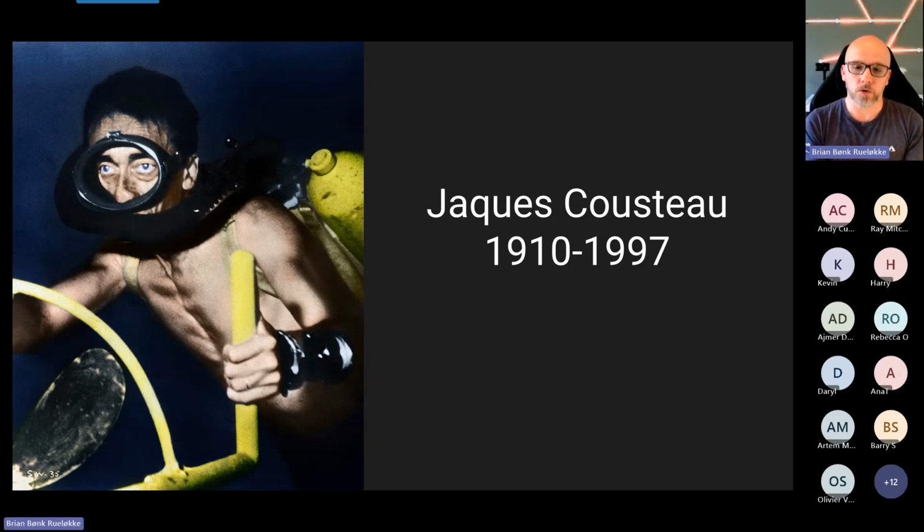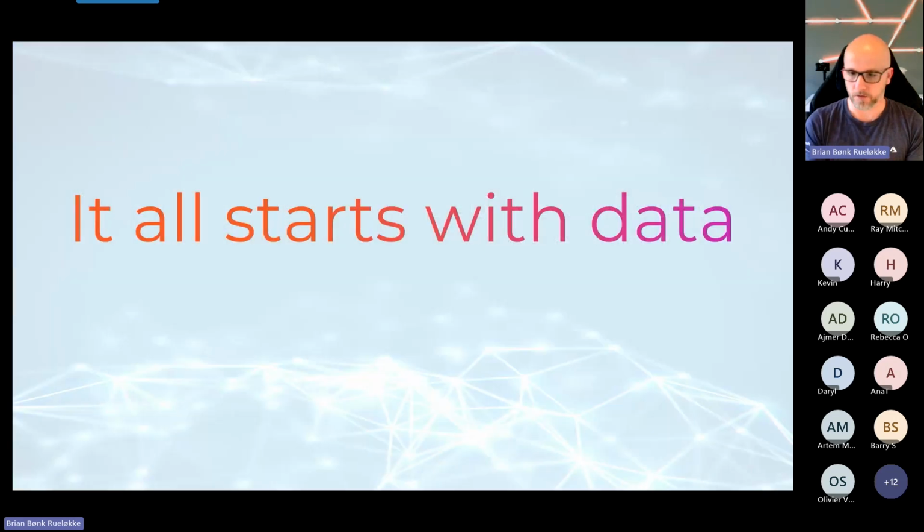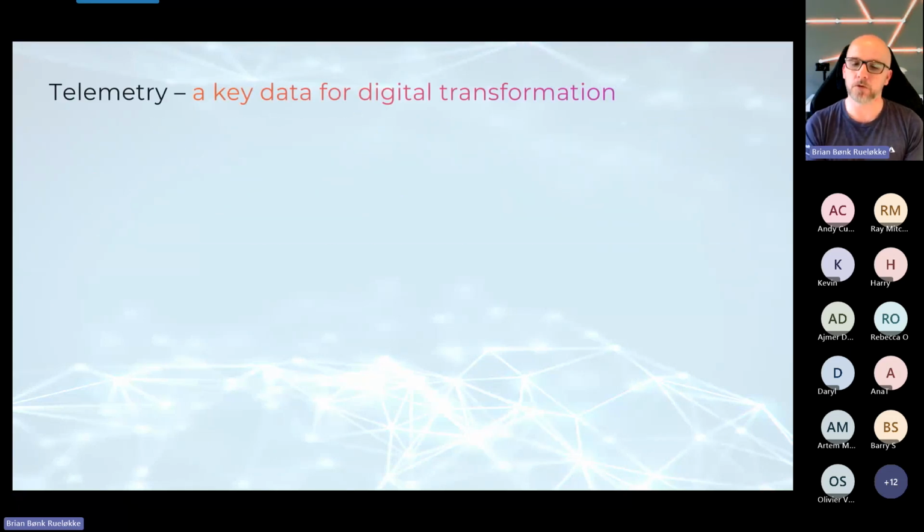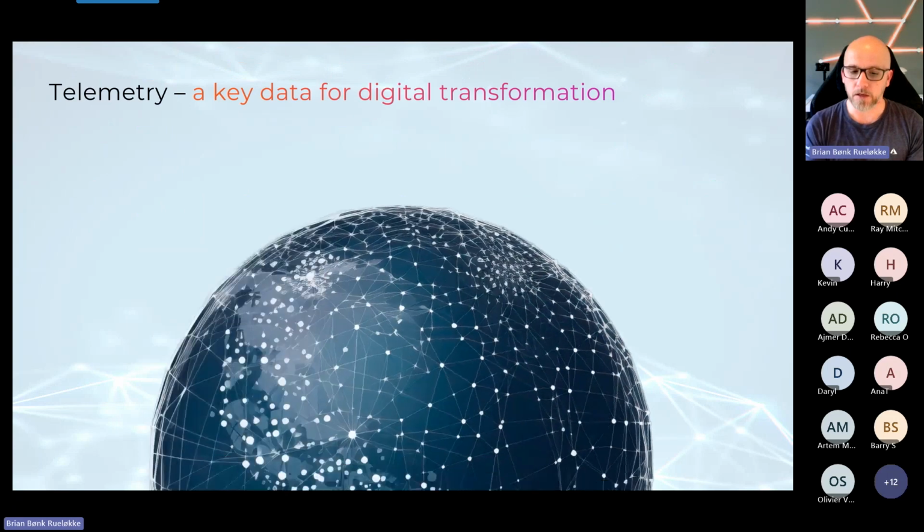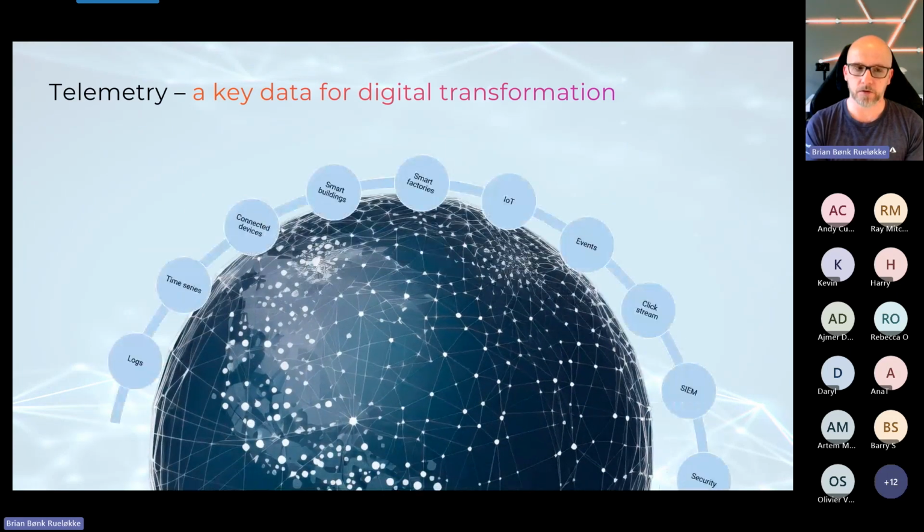Whatever we do today, we are generating a lot of data. We are generating data in petabytes and zettabyte scale. And data is all around us, even though we don't want it. It is on our mobile phone, it is on our watch, on our car, on whatever we do, we have data around it. Some of this data is sensor data or telemetry, and telemetry will be a key in digital transformation going forward.